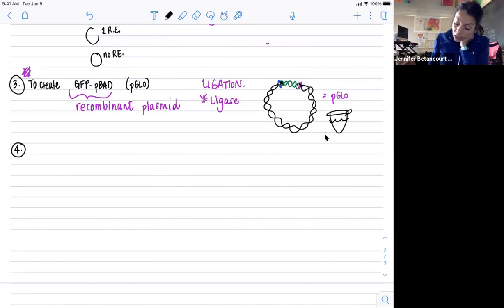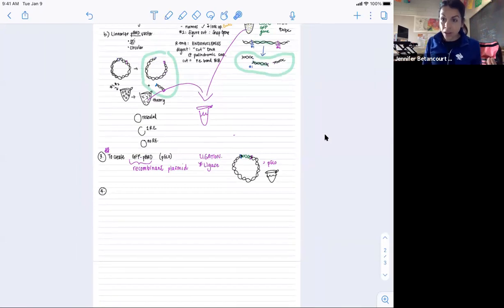Okay. So once you make this, remember, the overall goal of molecular cloning is to make bacteria, force them to make for you tons of copies of a certain gene, and then you pull it out of them, and then you use it to do experiments. So far we haven't even talked about bacteria. So the next step, as most of you are saying, is we need to transform, just like when we were talking about the transforming principle and how DNA can transfer into certain hosts.